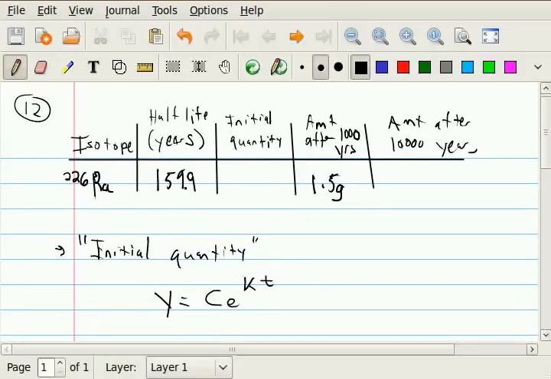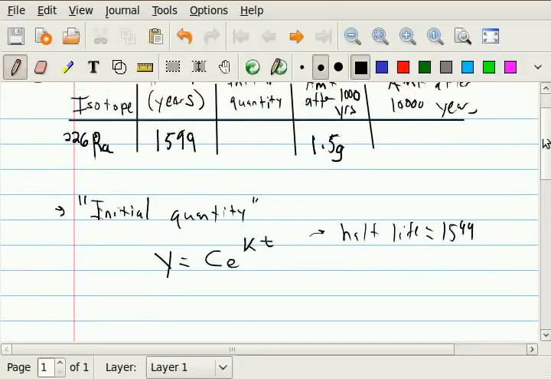They tell us that the half-life is 1,599 years. So let's start with that. The half-life is 1,599. What that means is that after 1,599 years, we'll have half of what we started with. So we can actually use that in the equation.